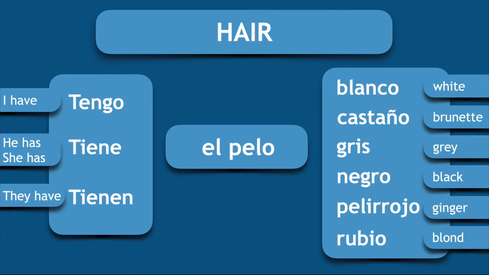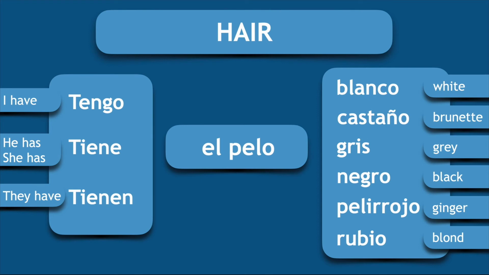He has brown or brunette hair. Tiene el pelo castaño. She has gray hair. Tiene el pelo gris. You singular formal have black hair. Usted tiene el pelo negro. They have ginger hair. Tienen el pelo pelirrojo, and so on.